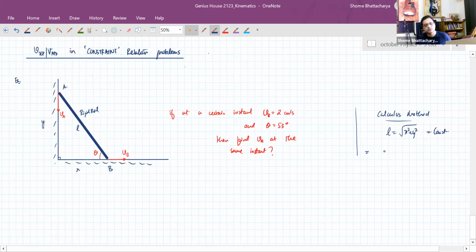That means the rate of change of square root of x square plus y square should be 0. Or if the rate of change of square root of something is 0, that means the rate of change of that quantity itself is 0. And dx by dt was plus VB and dy by dt was minus VA. So this method we've seen before, but now we will use the approach and separation velocity method.